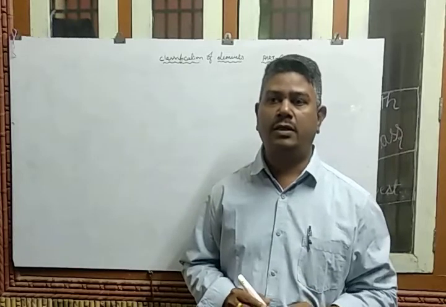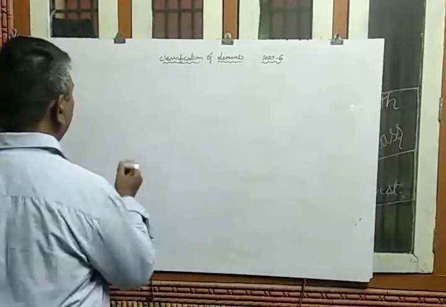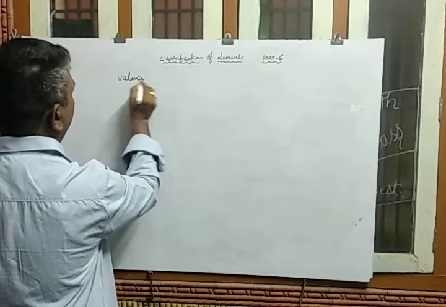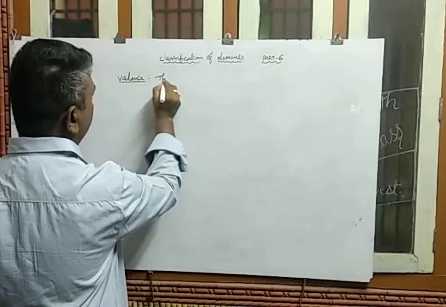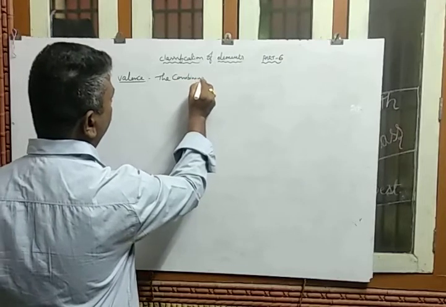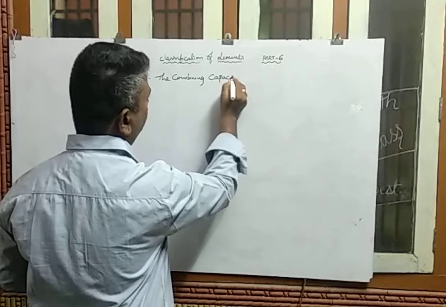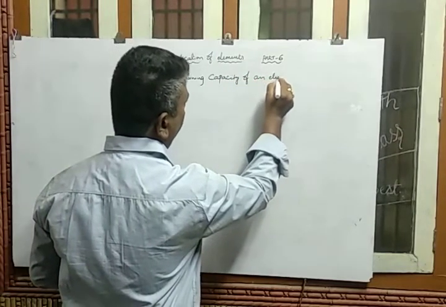First of all, we discuss valency. Generally, it is defined as the combining capacity of an element.